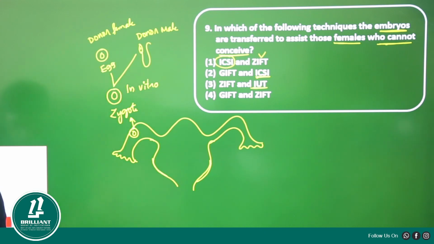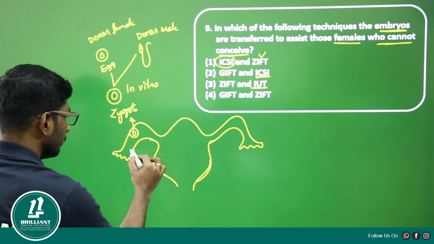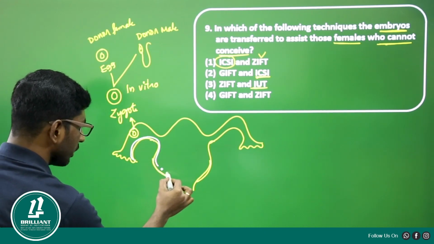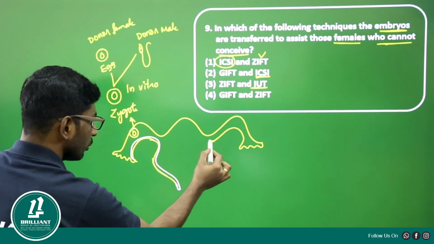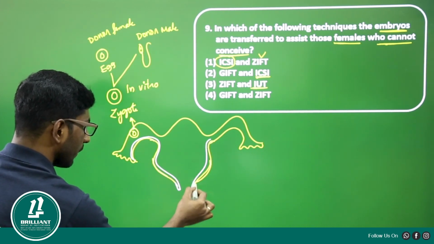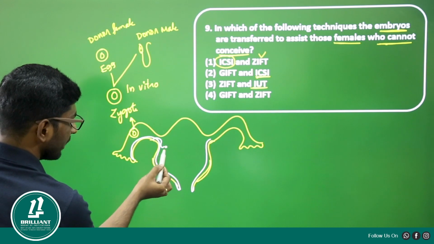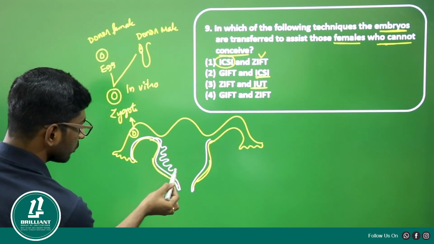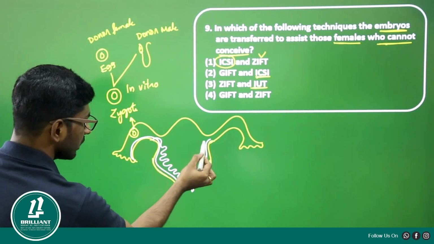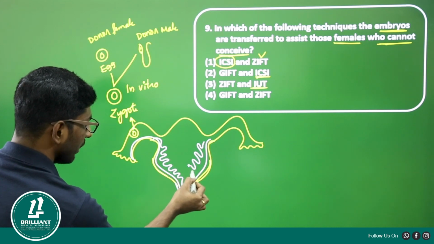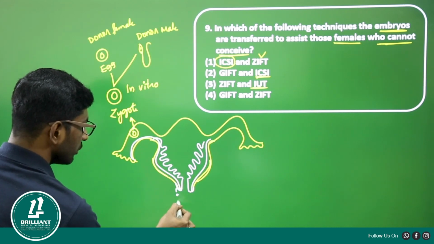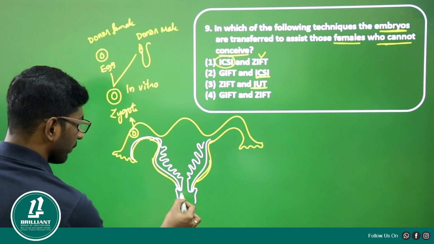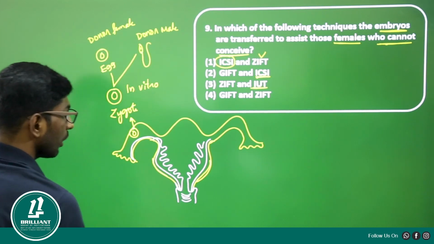This is the fallopian tubule and this is the uterus, right students? This is the uterus myometrium and the endometrium is highly folded like this, and glandular. This is the endometrium membrane, and this is cervix and vagina. Fine. So look at here.